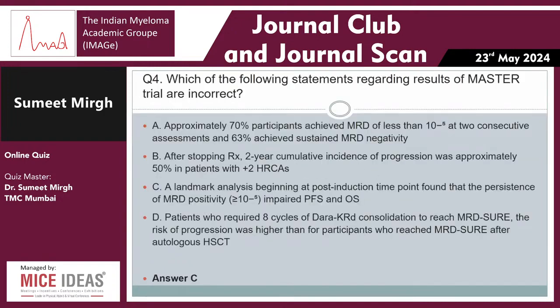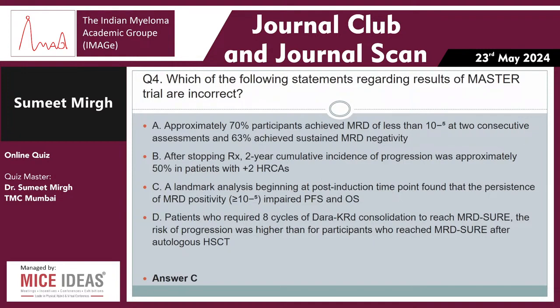Coming to answer 4. Again, regarding the MASTER trial, which is incorrect. As Dr. Rizwan beautifully showed, in a landmark analysis starting at the post-induction time point and starting at the post-ASCT time point, even patients who were MRD positive did not have impaired survival. Probably because those who were MRD positive did receive intensive treatment, a quadruplet treatment like Dara-KRd.